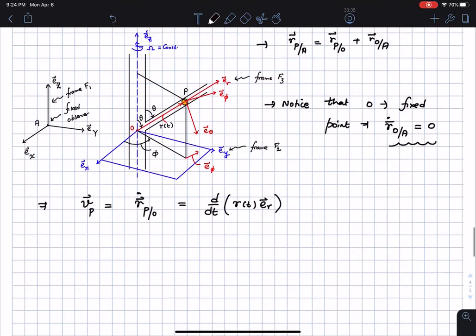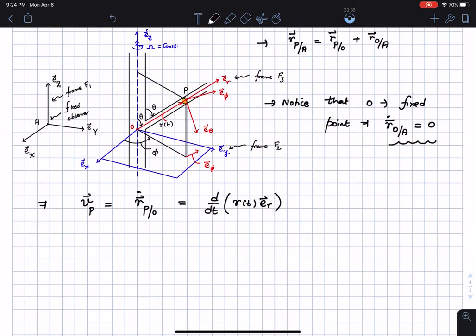Now r of t is a function of time, because as you can see the particle can slide back and forth, and e_r is also going to be rotating over time, because it's fixed to the particle, and the particle is spinning along with the tube. So we have to do time derivatives for both of them.